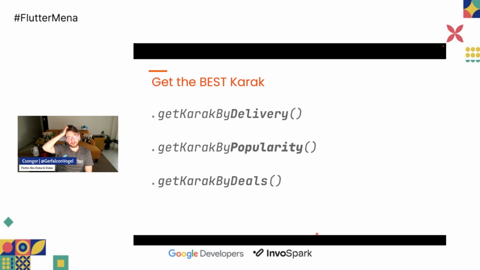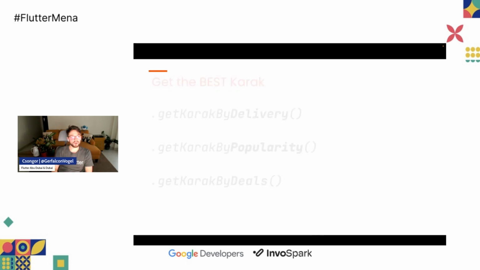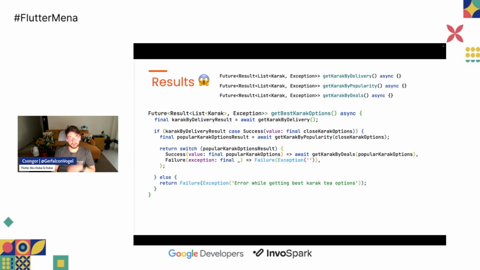But if I would run all of these operations sequentially using the Result sealed classes we learned together, then we could easily end up with the following scenarios. Having the three options or three functions we are considering, all of them would return a Result of characters, and yes, they are in a list.